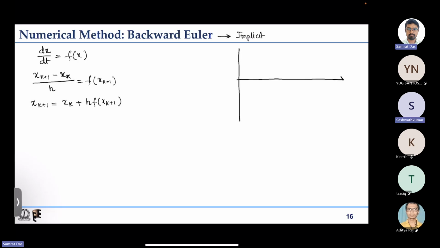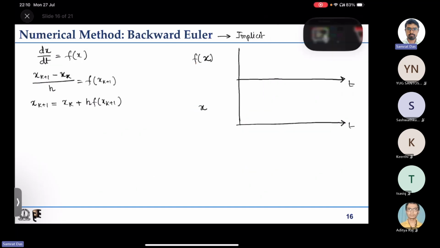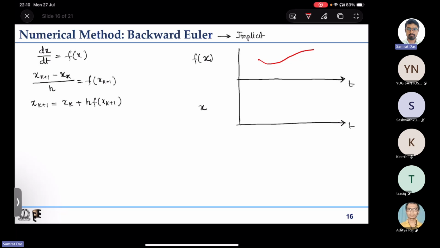Let us try to understand graphically what is happening in this case. Say this is f of x, and on the bottom we have time. Say f of x varies like this with time. These were our sampling instants.